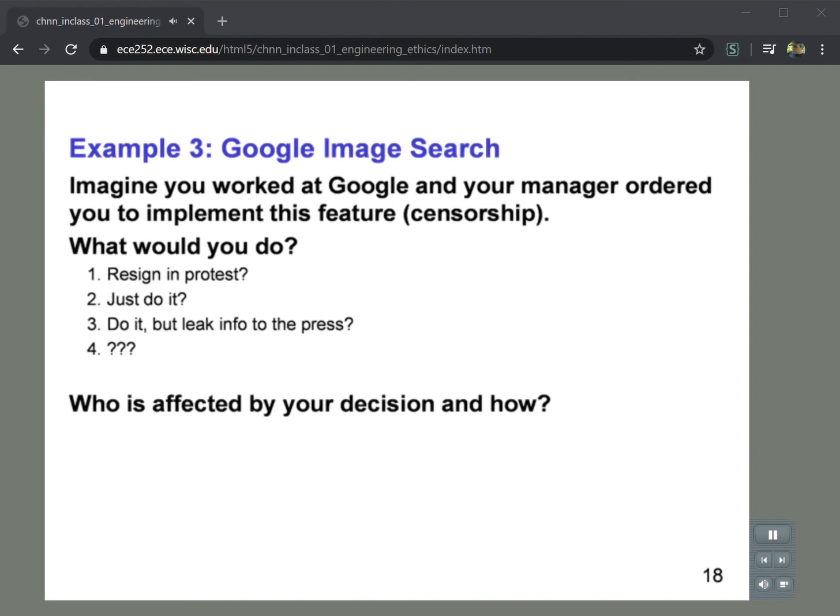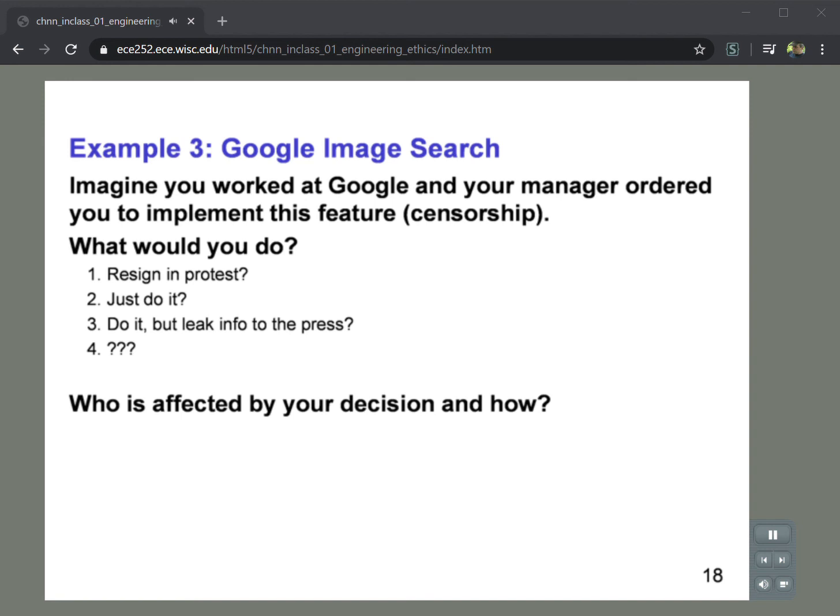So somebody at Google, in Google's management chain, made the decision that this was the right thing to do, was to censor these images that the Chinese government, for obvious reasons, didn't want to be visible to residents of China who are doing Google searches for Tiananmen Square. They basically want to erase this event from their memory. They don't want people to know about it. Obviously, Google had to collaborate and agree with the Chinese government in terms of implementing this censorship.